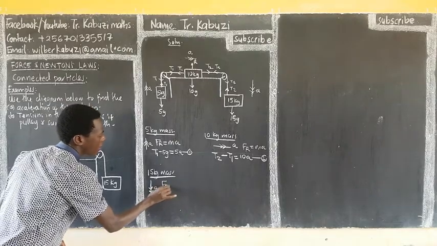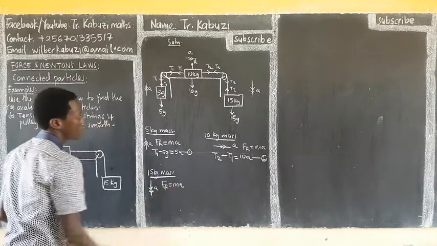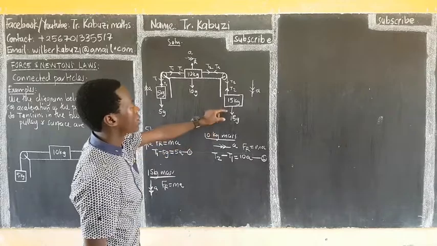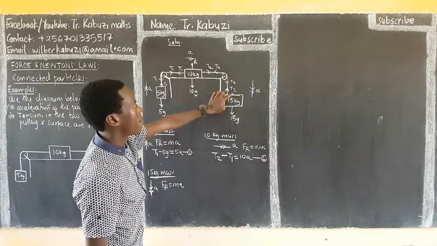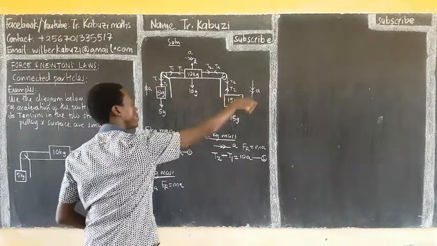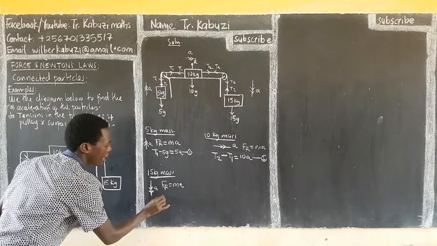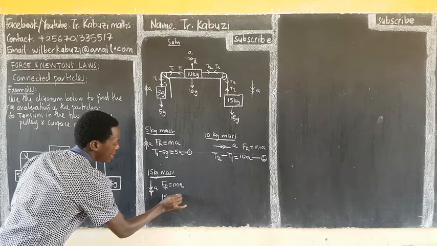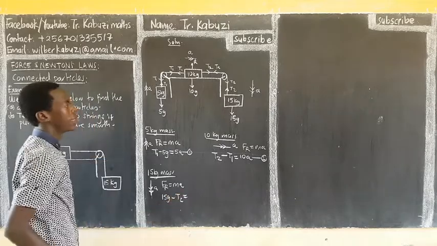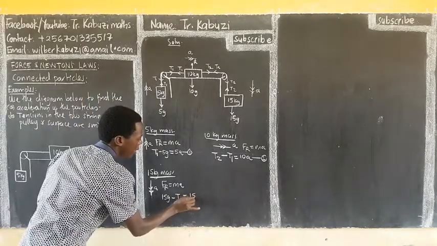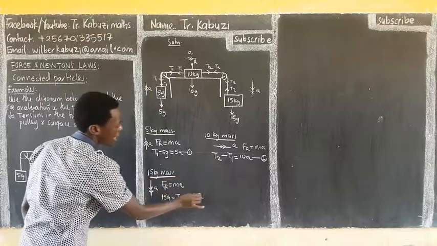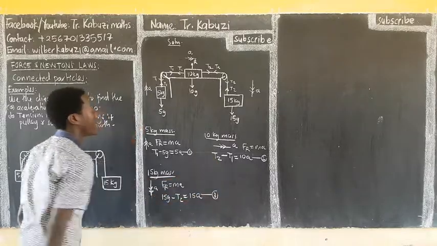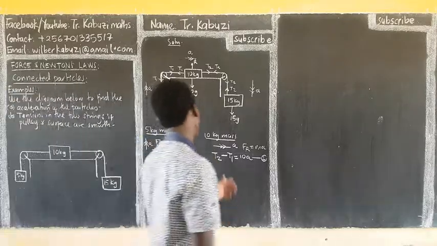Of course, our resultant force is going to be mass times the acceleration. Now, the resultant is going to be this force minus this, because this one is the one which is pulling in the direction of the acceleration. So 15g, then minus T2 equaling to the mass, which is 15, times the acceleration. I call this my equation 3. So how can we easily solve these ones? These ones are very easy.